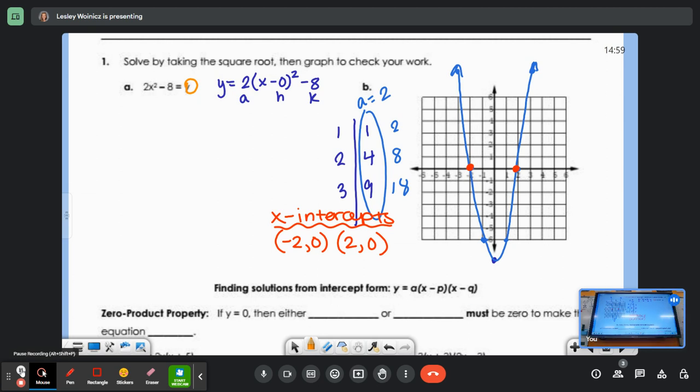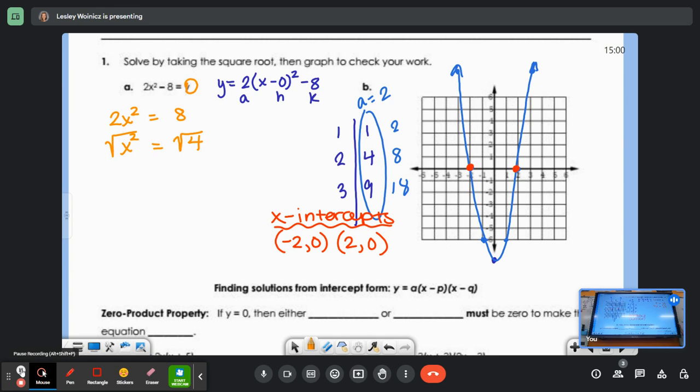All right, so we're trying to isolate the squared part. The first thing we can do is add 8 to both sides, so that'll give us 2x squared equals 8. Then we can divide by 2 on both sides and get x squared equals 4. How do we undo squaring? Square root. Now you can see that we have two x-intercepts.